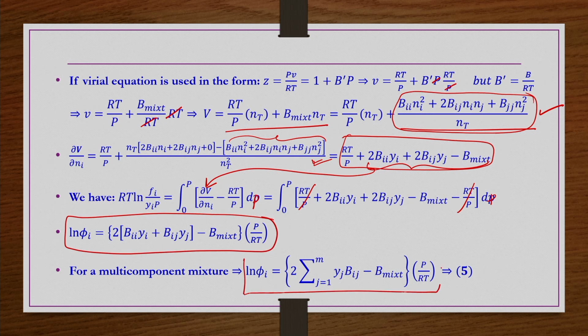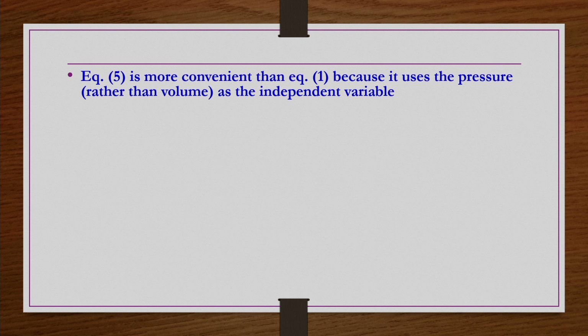But if we have a multi-component system, then we can generalize this expression as ln phi i equals 2 sigma j equals 1 to m yj Bij minus B mixture, times P by RT. This is what we are having. Okay. So, whether you write the volume explicit form or pressure explicit form for this virial equation of state, we now have a corresponding fugacity expression for this equation of state as well.